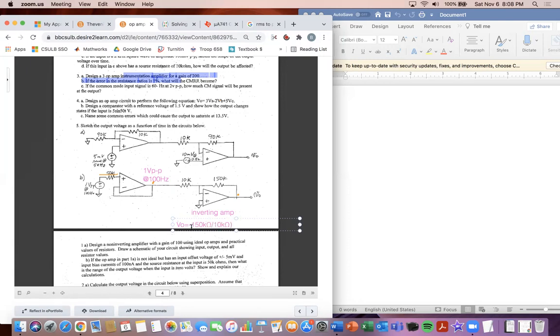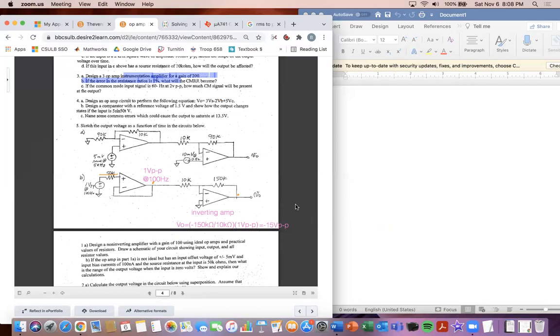So that's our gain. And then the voltage input is 1 volt peak to peak at that 100 hertz. Okay, we know our voltage output is going to be equal to negative 15 times 1. That's going to be negative 15 volts peak to peak.